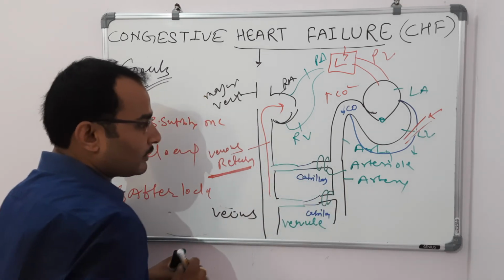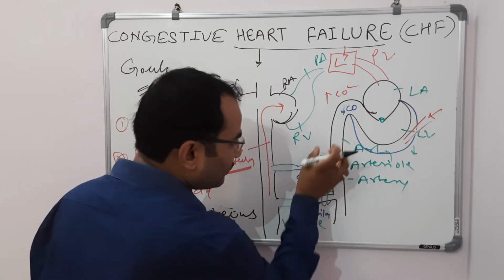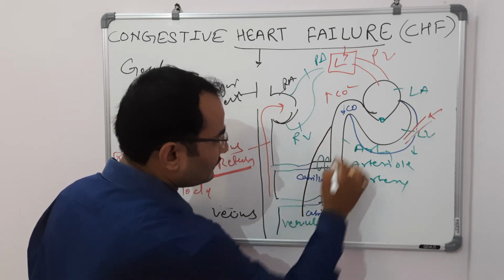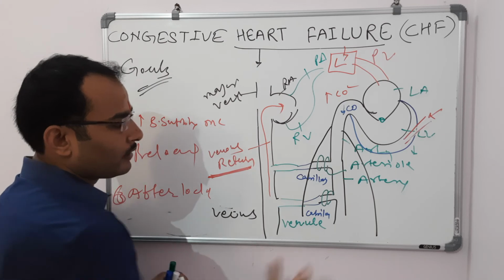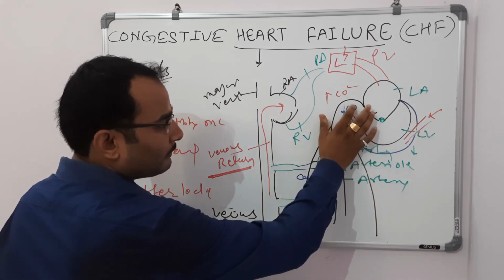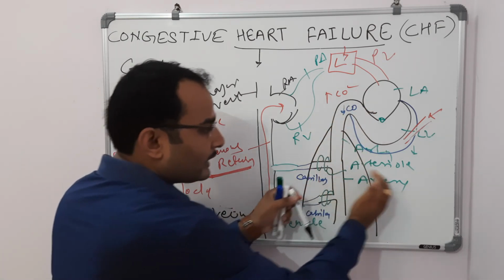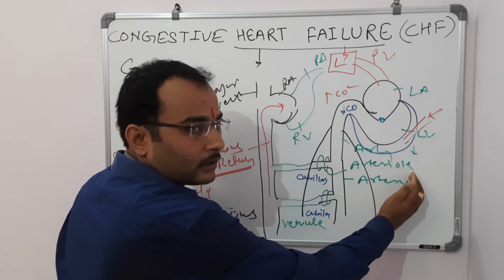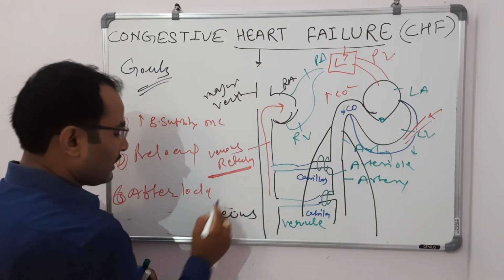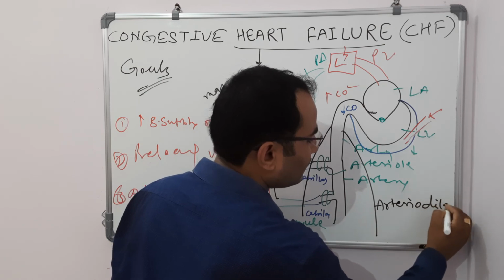So if, in a diagram I will show you, let's suppose the diameter of this artery is this. If we increase this diameter, then the resistance offered to the blood coming in this area now becomes less because the area has been widened, and this widened area we can induce by using arteriodilators.